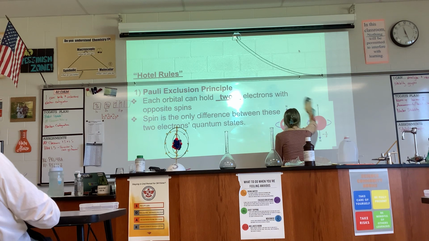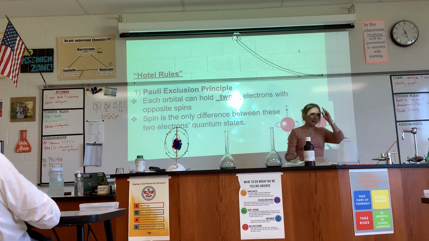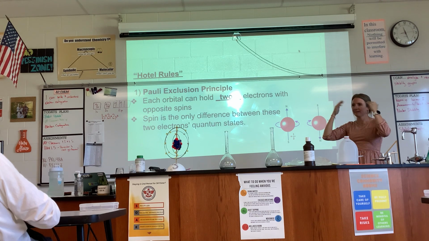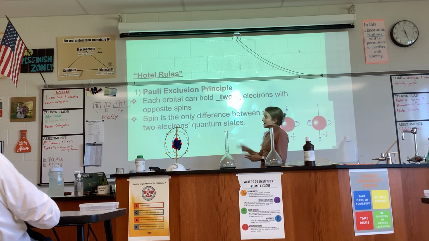Now, in case you're wondering, it's not really that important. You don't have to memorize the name of a rule. The AP test will never ask you who came up with this principle. We just want to give him credit, but don't add that to your list of names to memorize. The idea, once again, is it can hold 2 electrons, but they must have opposite spins.